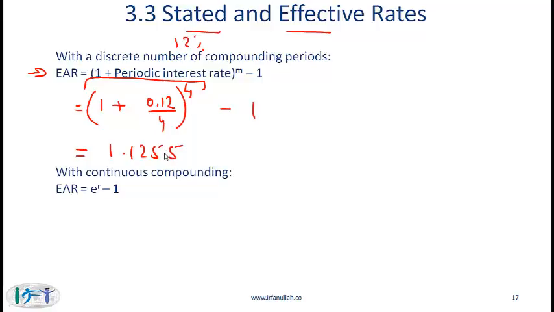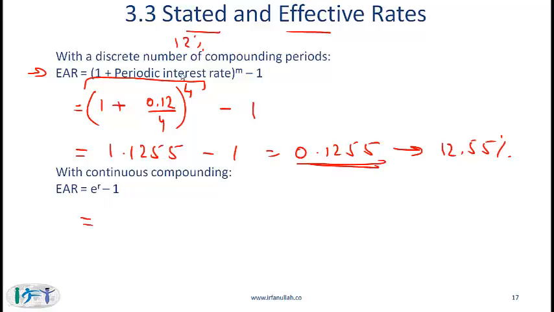To figure out what your return is, you need to subtract the original $1 that you invested, and what you are then left with is 0.1255. So that is your effective return, and expressed as a percent, this is 12.55%.